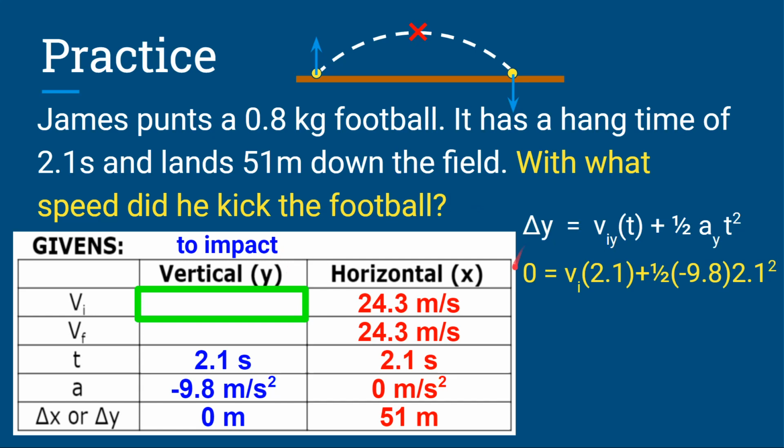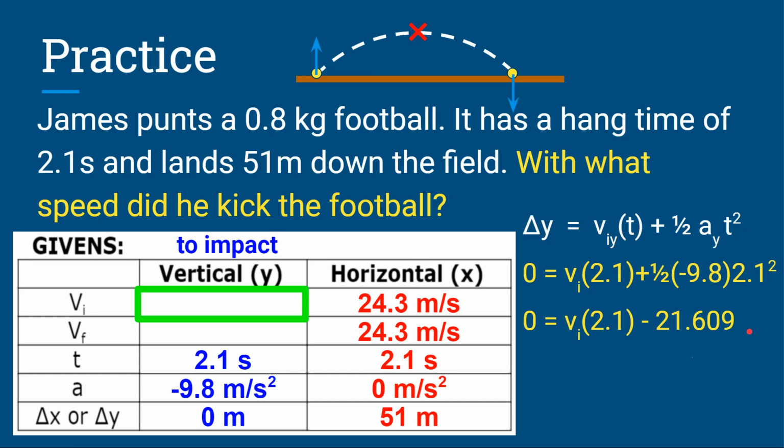Plugging in, delta y is 0. We're looking for this VI. My time is 2.1 plus 1/2 times negative 9.8 times 2.1 squared. And that negative does make a difference, so make sure it's in there. If I go ahead and multiply all of this over here, 1/2 of negative 9.8 times 2.1 squared, all of that multiplied is negative 21.609.